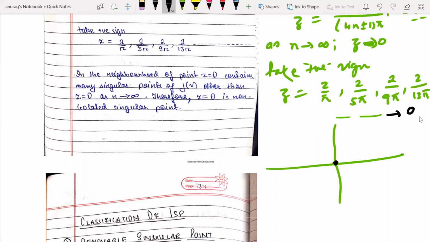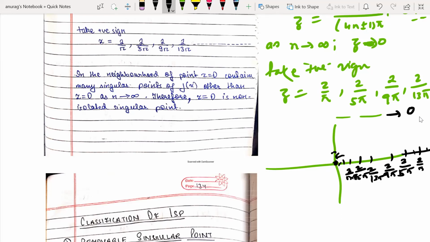The maximum value is 2 over pi and these values are reducing: 2 by 5 pi, 2 by 9 pi, 2 by 13 pi, 2 by 15 pi. These values are getting smaller, 2 by 17 pi, and so on. It is tending to 0 actually.